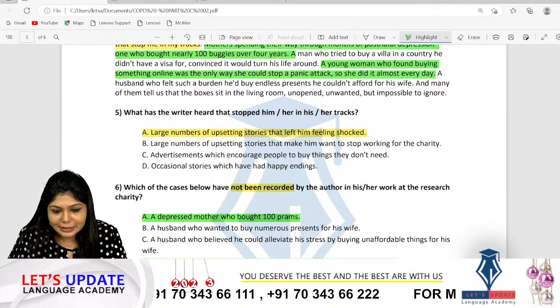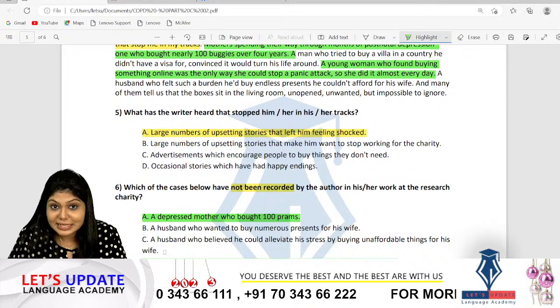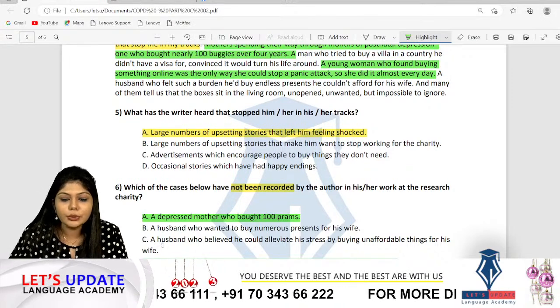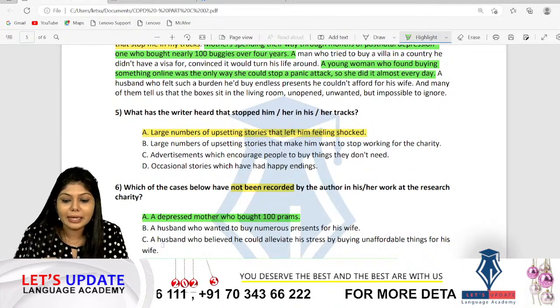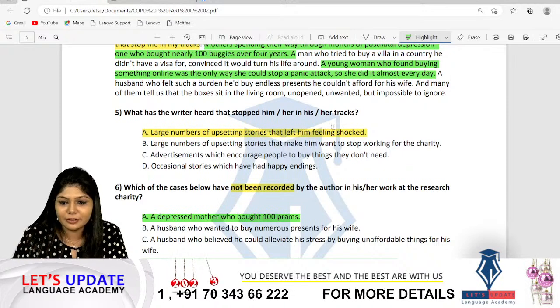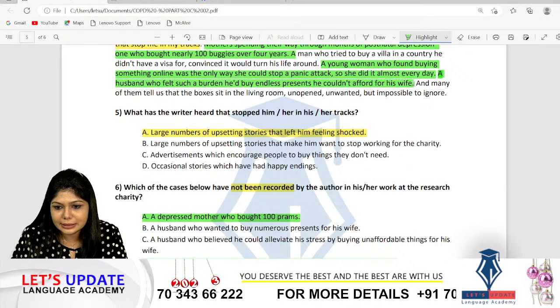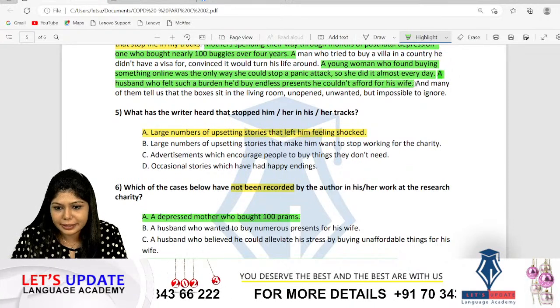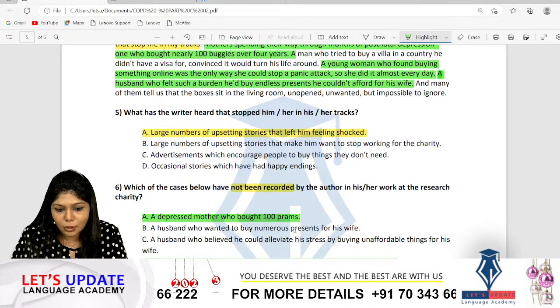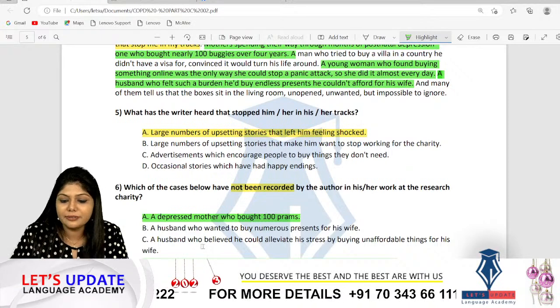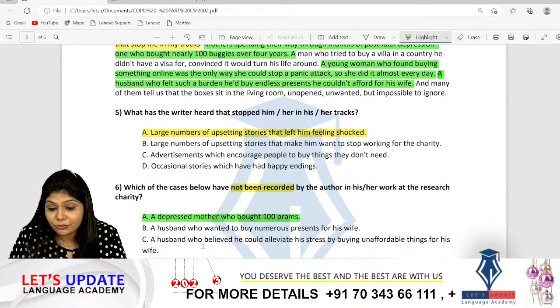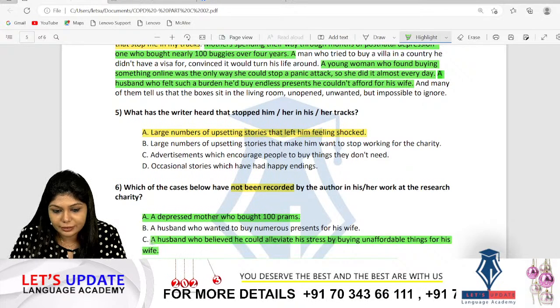That is mentioned in option C: a husband who believed he could alleviate his stress by buying unaffordable things for his wife. That is in the second last sentence in that paragraph.